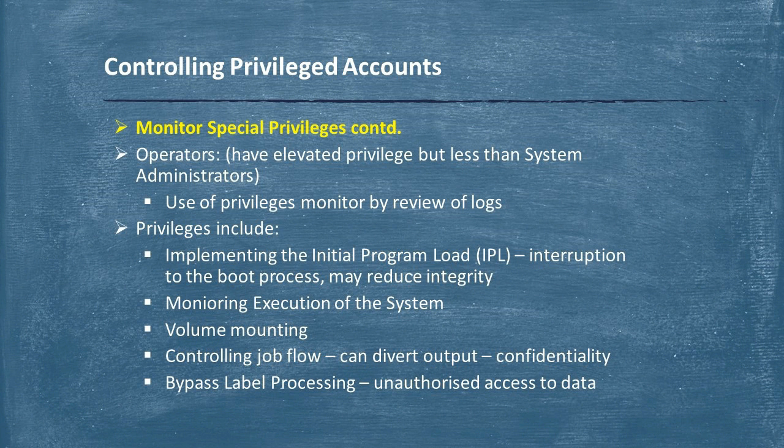Bypass label processing: he has the privilege to bypass the label processing and gain unauthorized access to data. Like we have seen earlier about classification, once you have a particular level of clearance, only then would you be in a position to access this classified information. This person has a privilege to bypass that. He can directly read.